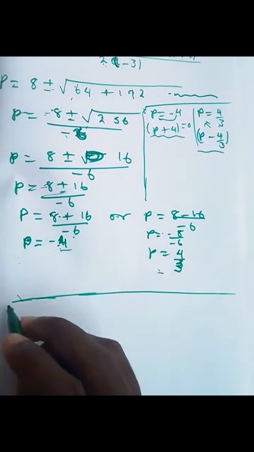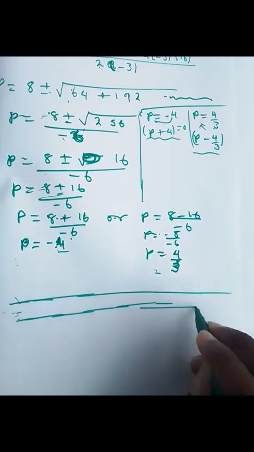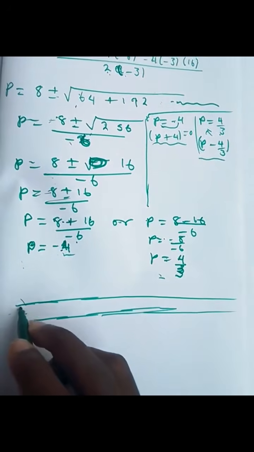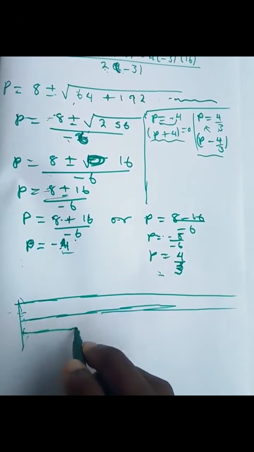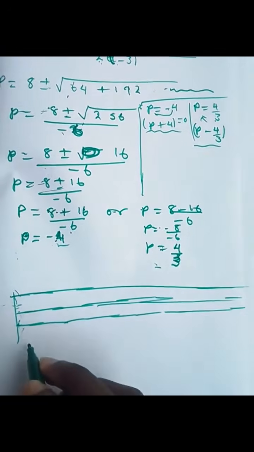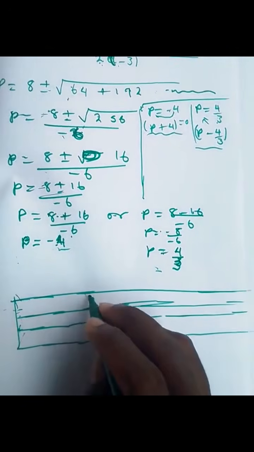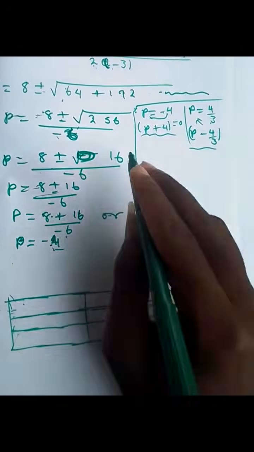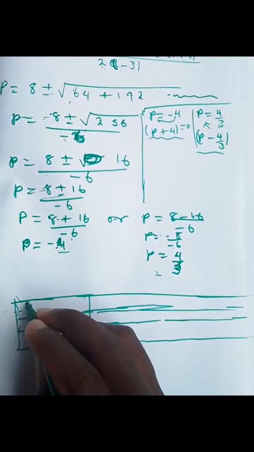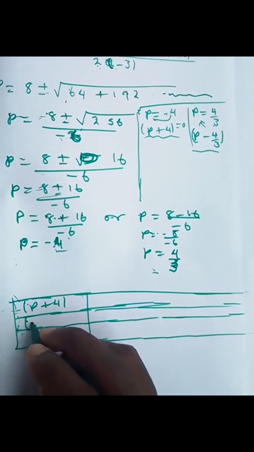I'm using my free hand, so maybe it might not be perfect. So we draw the sign table. Here we put the factors, which are this and this. So it will be p plus 4, and here let me put p minus 4 over 3.